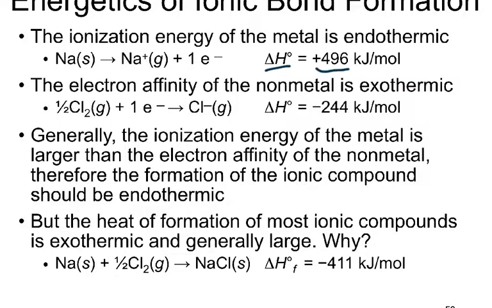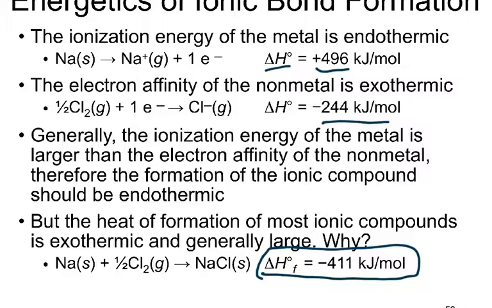See, we have a positive delta H value. The electron affinity of a nonmetal is exothermic, but it's not as large as that endothermic part. And that's typical. The ionization energy of the metal tends to be larger than the electron affinity of the nonmetal. But the heat of formation of most ionic compounds is generally large and exothermic.